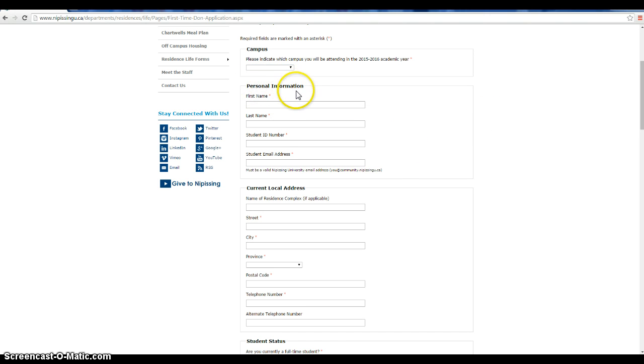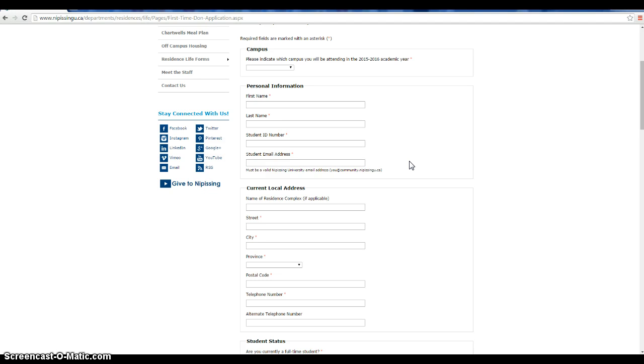You will also see we are looking for some information. Here we will ask you for your first name, your last name, your student ID, as well as your student email address. This is the email address that was provided to you by Nipissing University and ends in community.nipissingu.ca.